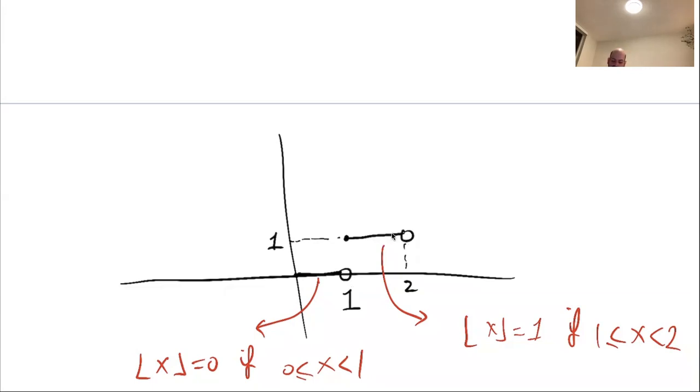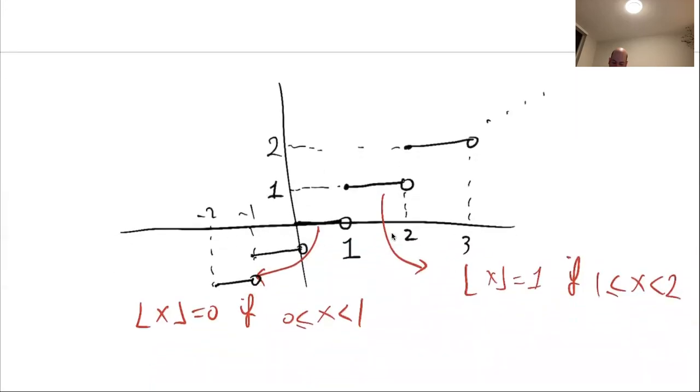So I have a jump here. And this would be 2. And so on. Similarly on this direction also, I have -1 here. And then I have -2 here, and so on.